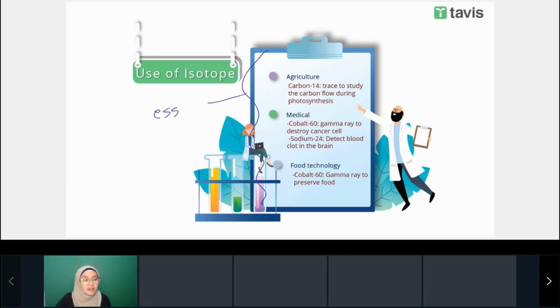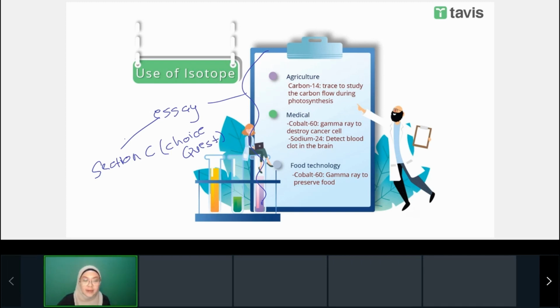Essay, which is from Section C, choice question. The flow of the question that will be asked, usually they ask you to define isotope. Can you define isotope now? Anyone? An atom with the same number of protons but different number of neutrons.